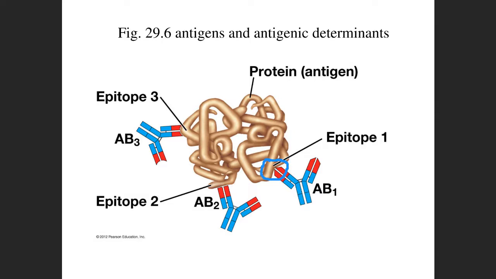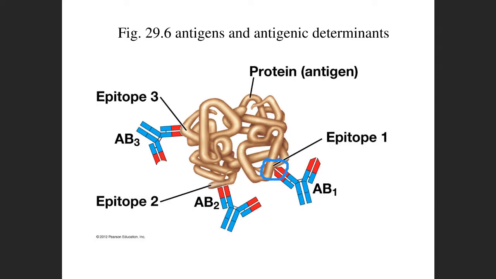A typical bacterial protein is about 300 amino acids, right? And only 3 to 6 are being recognized by one antibody. So a protein can have lots of antibodies recognize it.